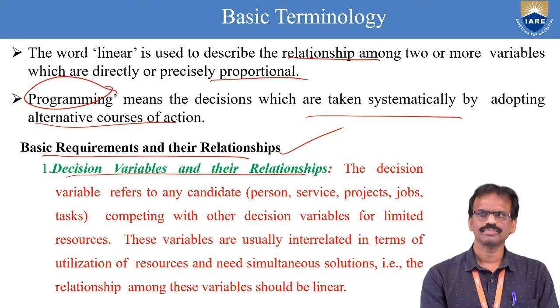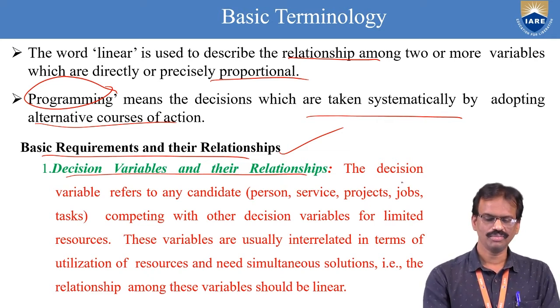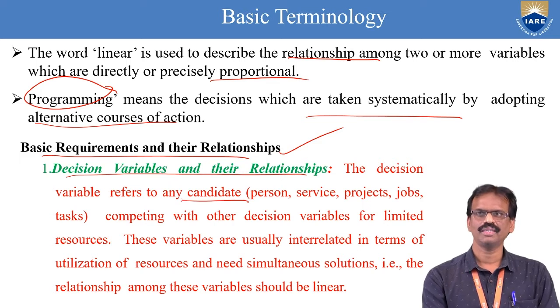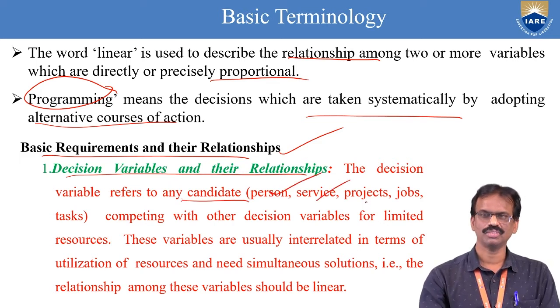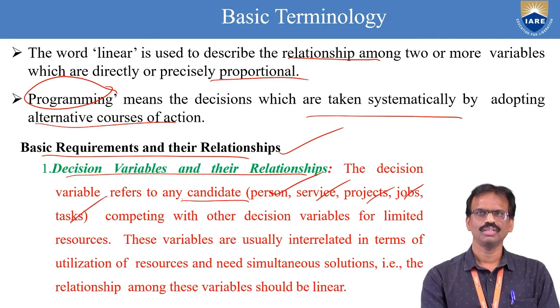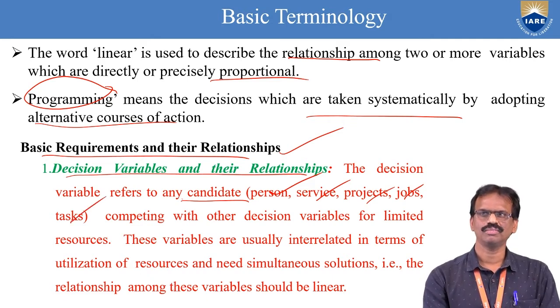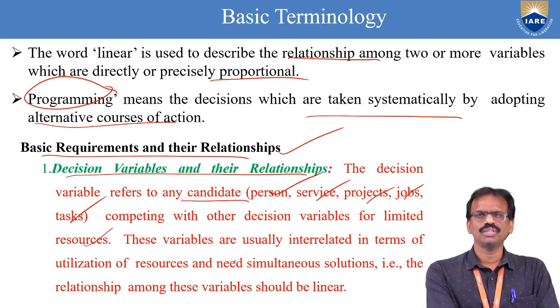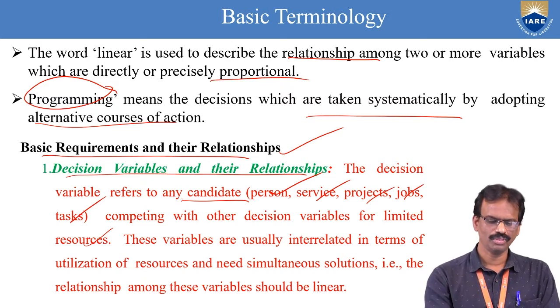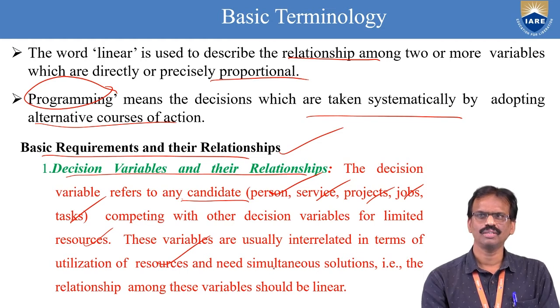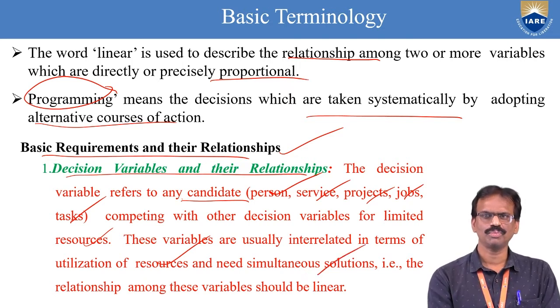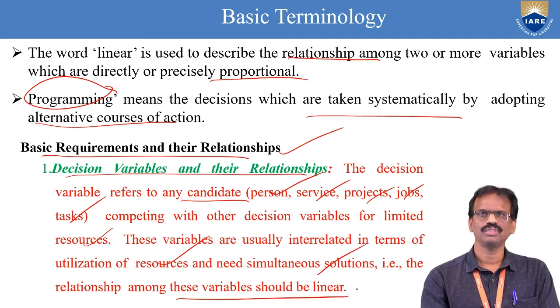Decision variables refer to any candidate, either a person, service, project, job or task, competing with other decision variables for limited resources. These variables are usually interrelated in terms of utilization of resources and need simultaneous solutions. It means the relationship among these variables should be linear.